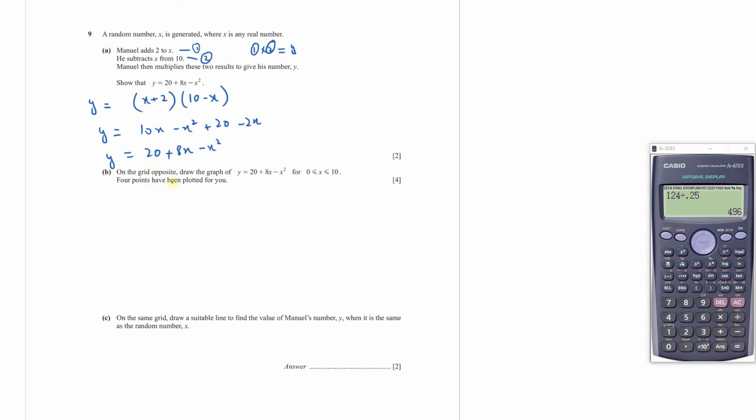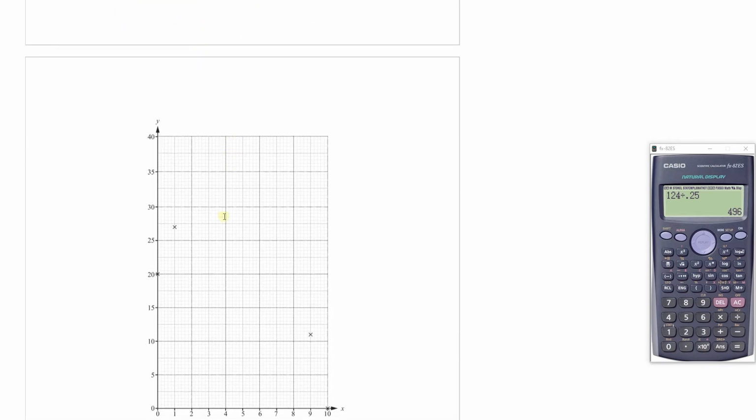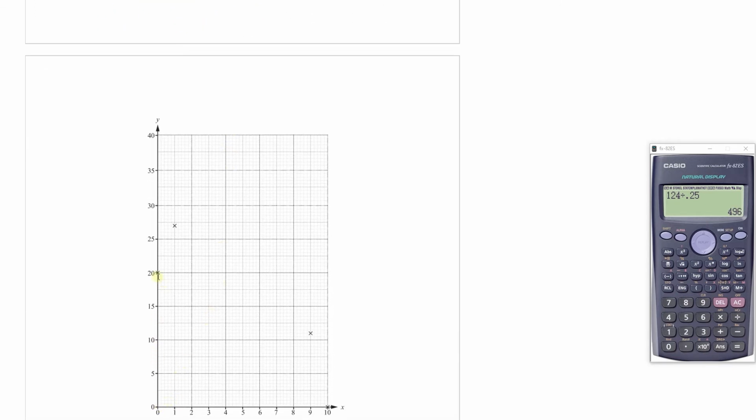On the grid opposite, draw the graph of y equals 20 plus 8x minus x squared for x between 0 and 10. 4 points have been plotted for you. So you're given the values at x equals 0, 1, 9 and 10. That means you need to calculate the values for 2, 3, 4, 5, 6, 7, 8. 9 and 10 are given.